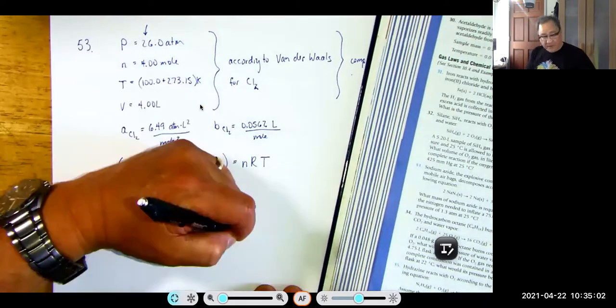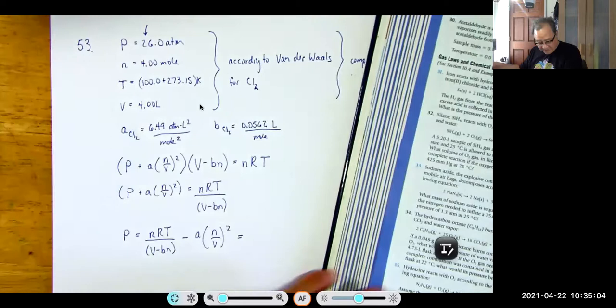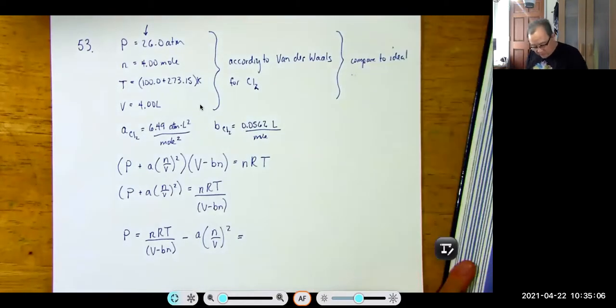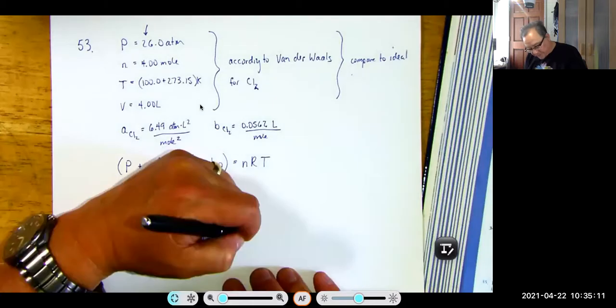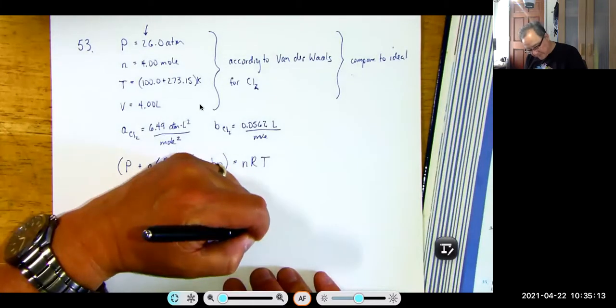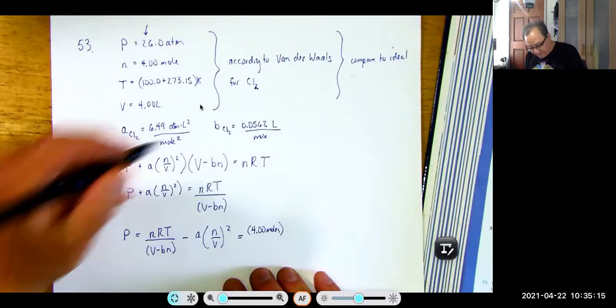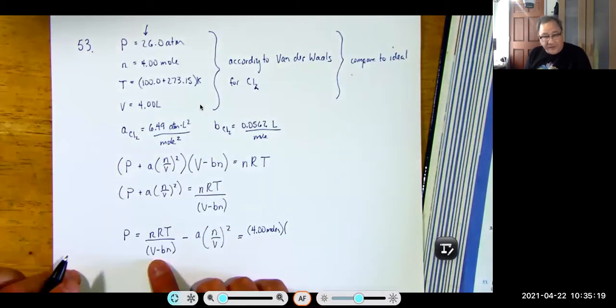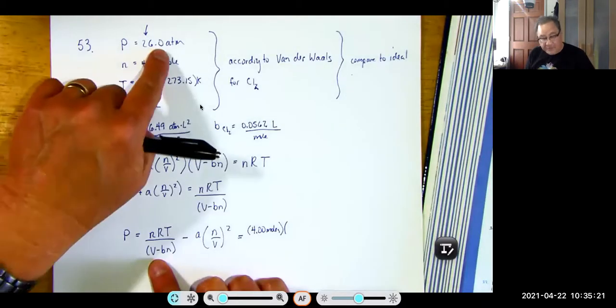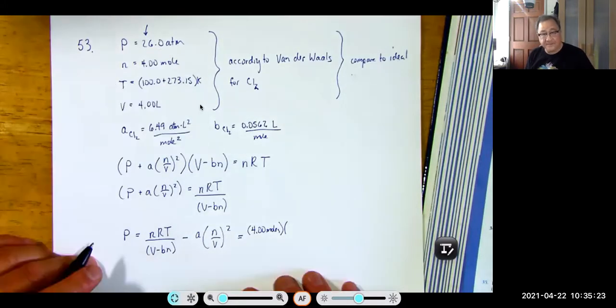I'm not sure if I have enough room here, but I'm going to give it a shot. So we have N is 4 moles. R, I think for R, we want to use atmospheres because we want our answer to be in atmospheres, right? Yeah.